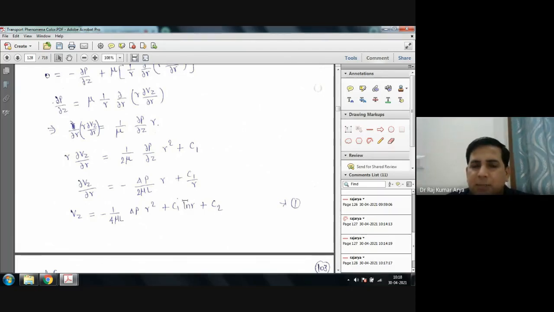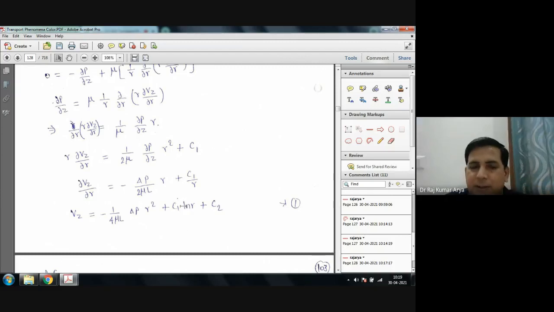Now, because you are solving for the annular part, you are not solving for the inner cylinder part. So the condition at R equal to 0 is not at all valid for you.